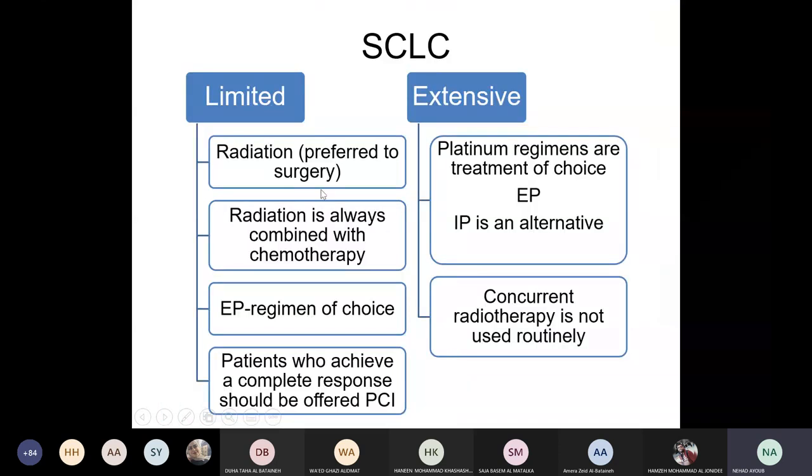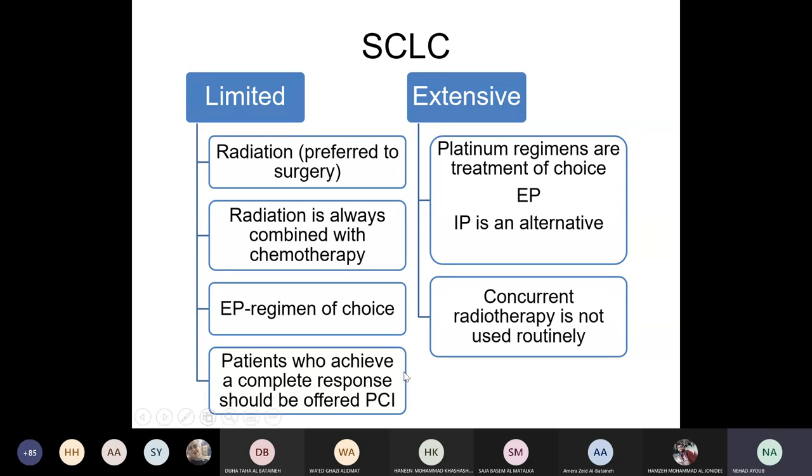So here in limited disease we give radiation plus chemotherapy to the patient. If the patient is stabilized, we recommend or offer something called prophylactic cranial irradiation to the brain. Why do we recommend that in patients who respond to therapy and have stable disease after chemoradiotherapy? Because brain involvement is very common in recurrent or relapsed disease.